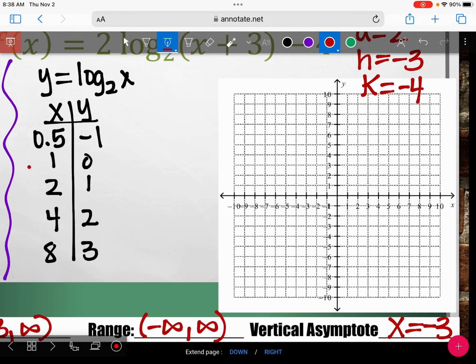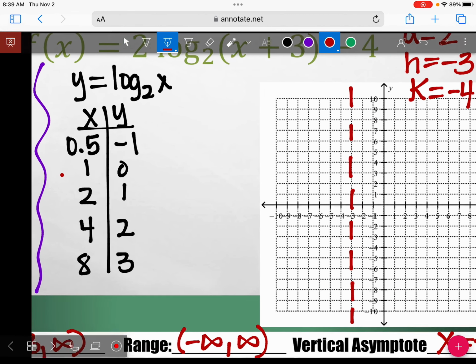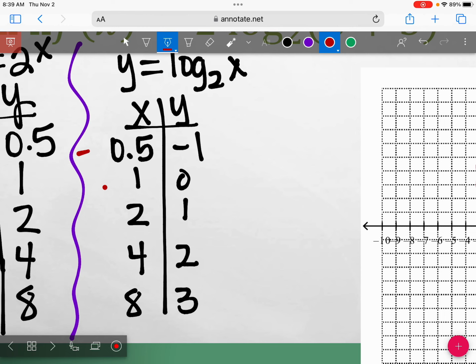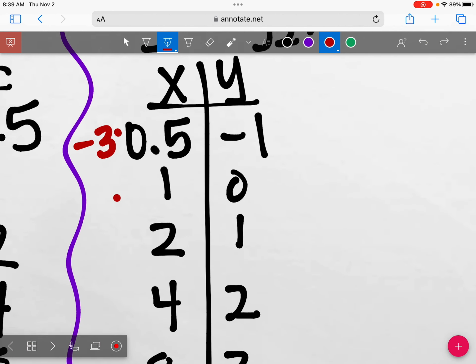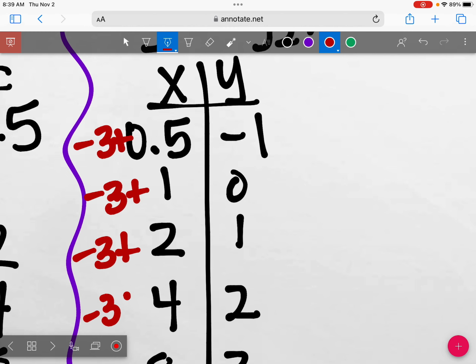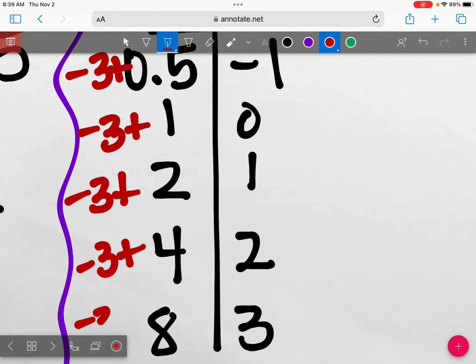I'm going to draw in my vertical wall, and then I'm going to add in my transformation. So I'm adding 3. And then for my y values, I'm multiplying by 2 and subtracting 4.